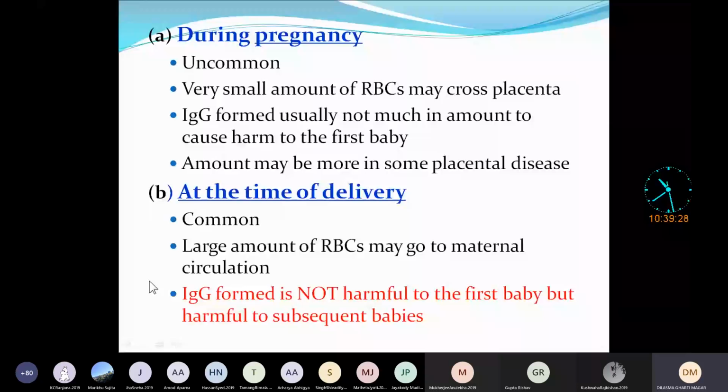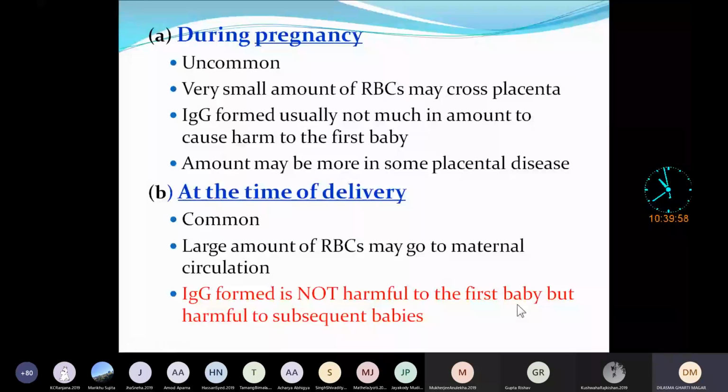If you have seen any delivery, then that time the placenta is removed, the attached part becomes raw, and there will be the opening of the blood vessels. So a large amount of the RBCs will go to the maternal circulation. Whatever immunoglobulin is formed is not harmful to the first baby because it becomes more sensitized in the subsequent pregnancies. That's why the first baby will not be harmed.